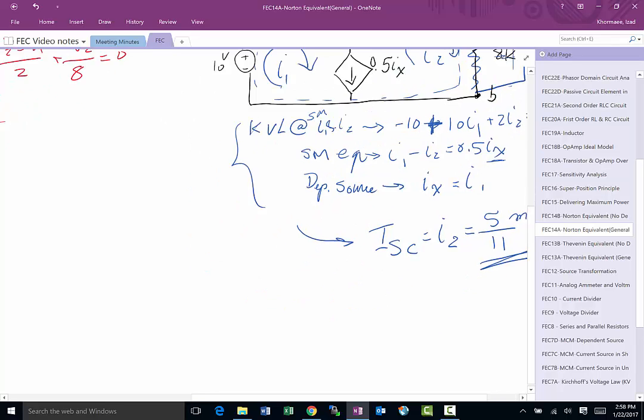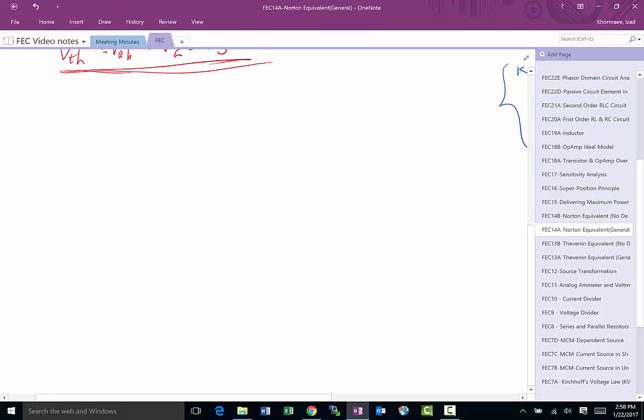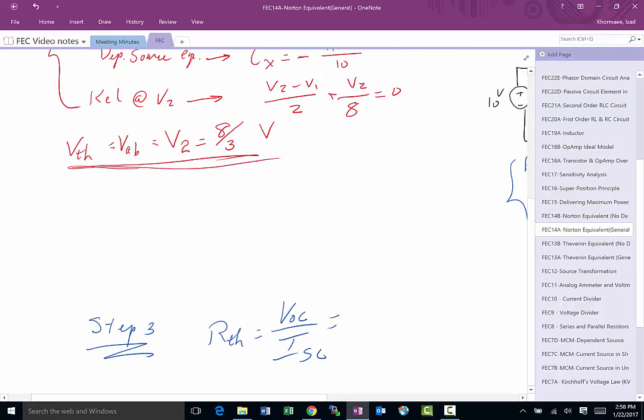So now we have the short circuit. So now we got to go to step 3. Step 3 is relatively simple. R Thevenin is equal to V open circuit over I short circuit. Earlier we found V open circuit, another name for V Thevenin, right?